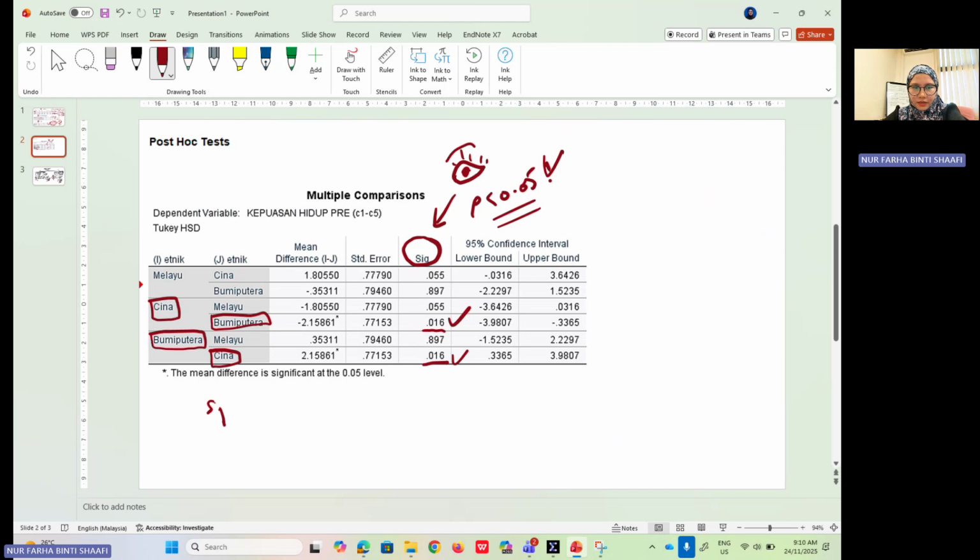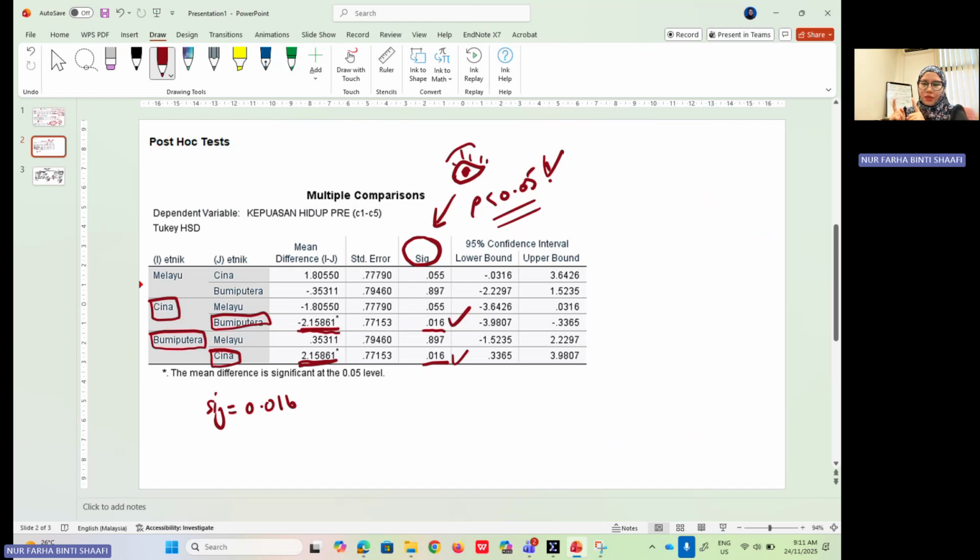Significant value is 0.016. So what do we need to look at? Look at here, the mean difference. Meaning to say these Chinese and Bumiputra ethnics, they are different. They have a difference in their life satisfaction between one and another.